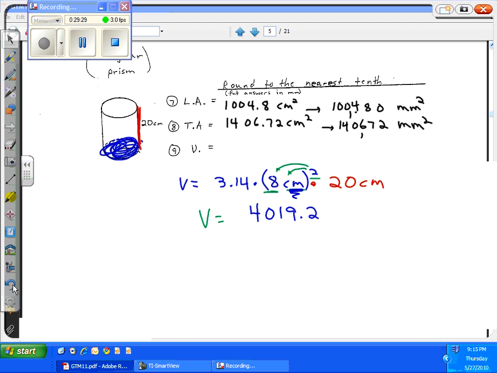And then the names, we're going to have centimeter square times centimeter to the first. When you multiply with like bases, you add exponents: centimeters to the second times centimeters to the first would be centimeters to the third, or cubic centimeters. And there's our volume in cubic centimeters.